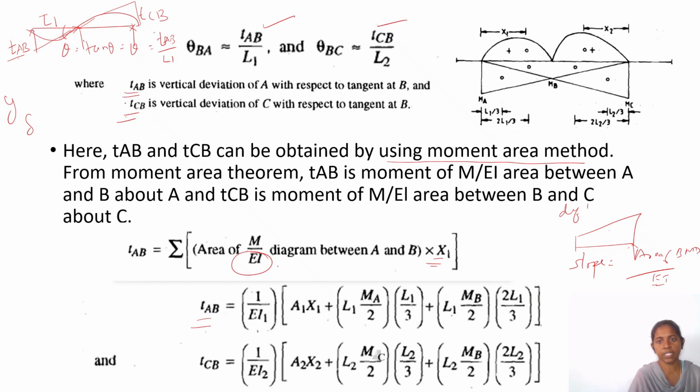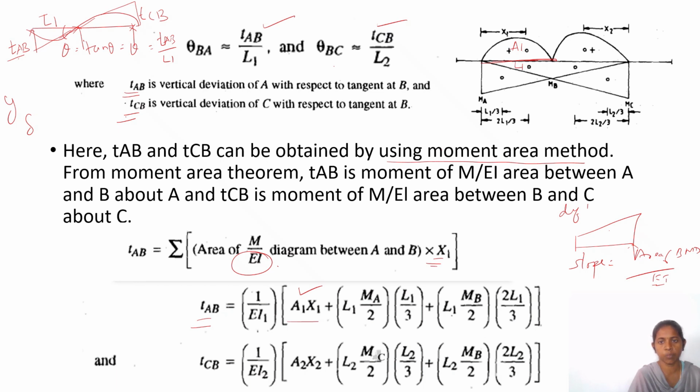First of all, I am considering TAB, so that is for the span AB. I am taking this parabola, which consists of the area A1 and centroid X1. Next, half BH. For the span L1, it is a triangular type of variation.